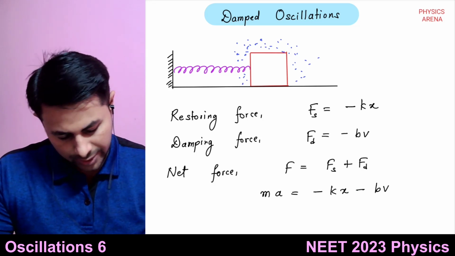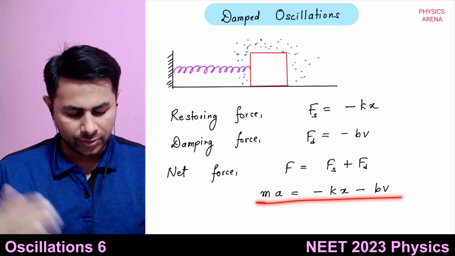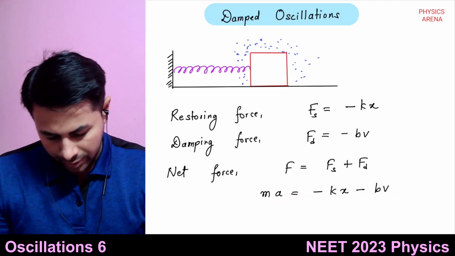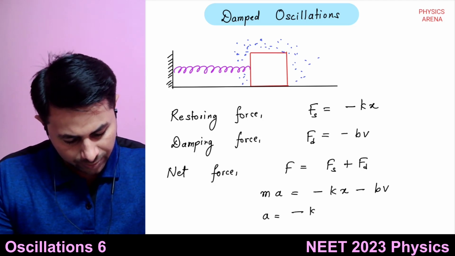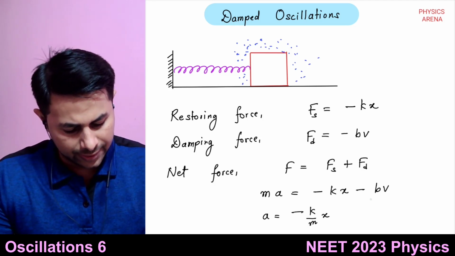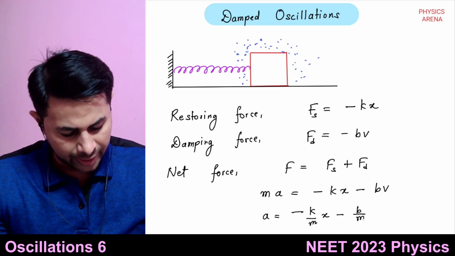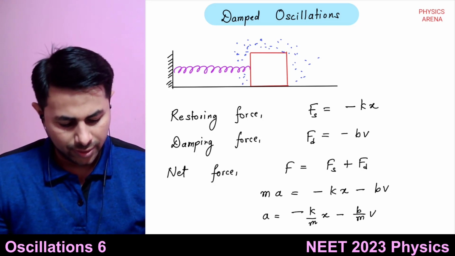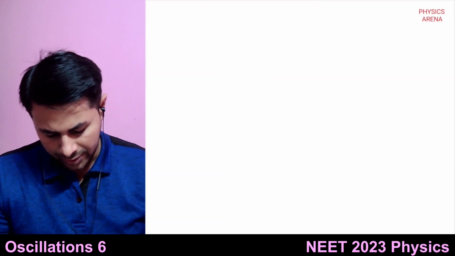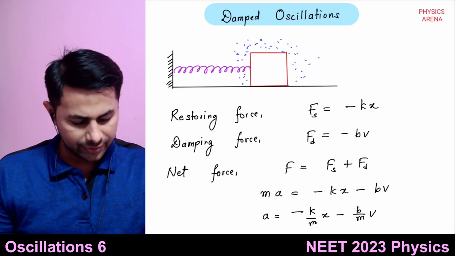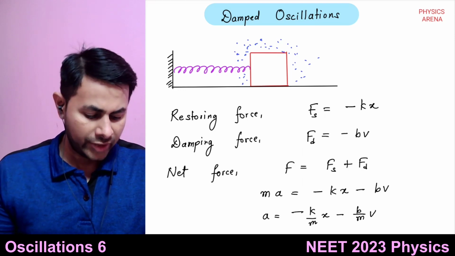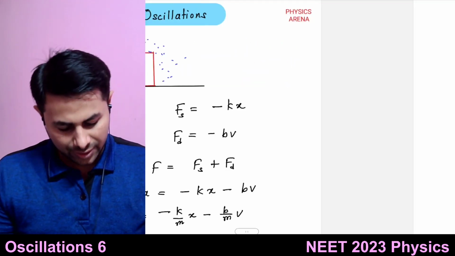Then we can divide this whole equation by m to get a equals minus of k by m into x minus of b by m multiplied by v. Then we can put acceleration equals d2x by dt square, and v is equal to dx by dt.